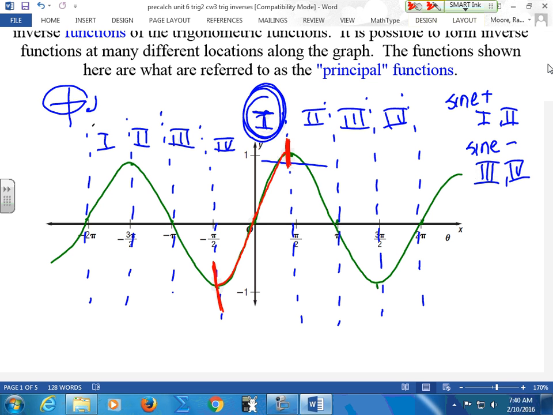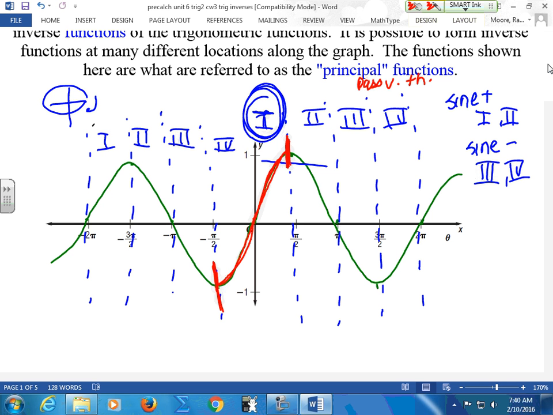Because we need this to pass a vertical line test and a horizontal line test. So we always start in quadrant 1. We travel along quadrant 1, but we can't come over this little hump, so we stop it. And we notice if we continue the other way, it could come down here, but we can't go any further.